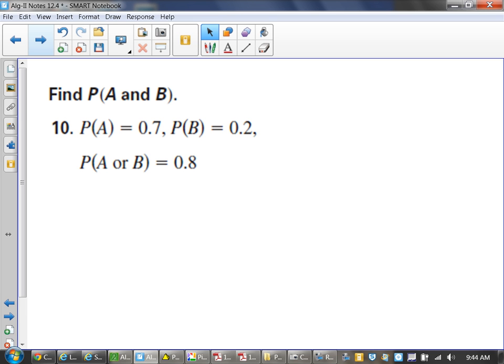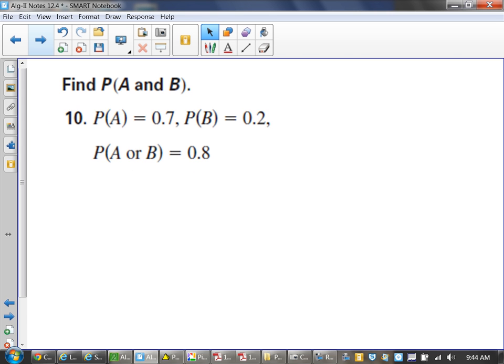Now, sometimes this book, just to get you in the habit of what you're solving for, did you bring your own cards today? Nice. So in this case, it wants to find out the probability of A and B. So is this a mutually exclusive problem or a non-mutually exclusive? It's a non, because it has A and B in it. So what this book does is sometimes they will write it out and give you a bunch of stuff.